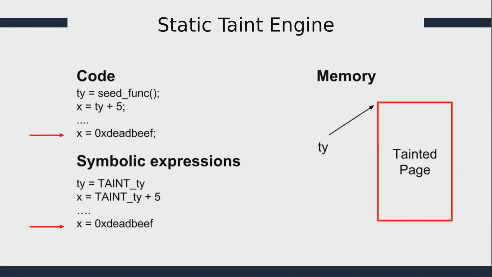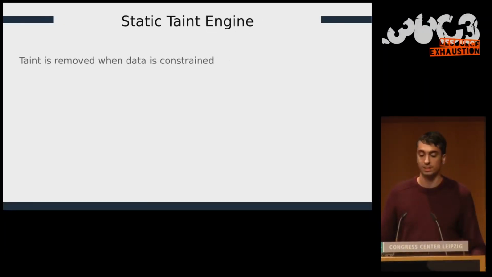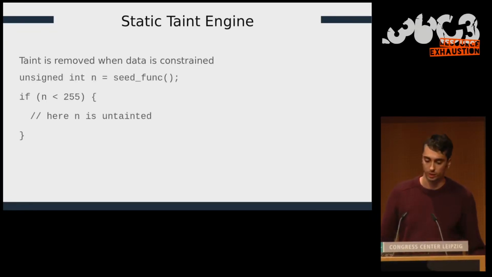If at some point x is overwritten with some constant data, the taint is automatically removed. In its original design, in Bootstrap, the taint is also removed when data is constrained. For instance, here we can see that the variable n is tainted, but then is constrained between two values, 0 and 255, and therefore the taint is removed.